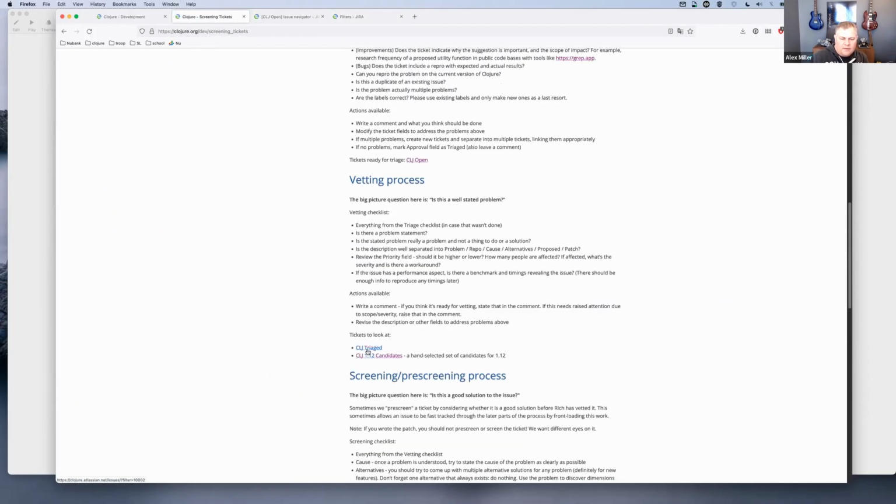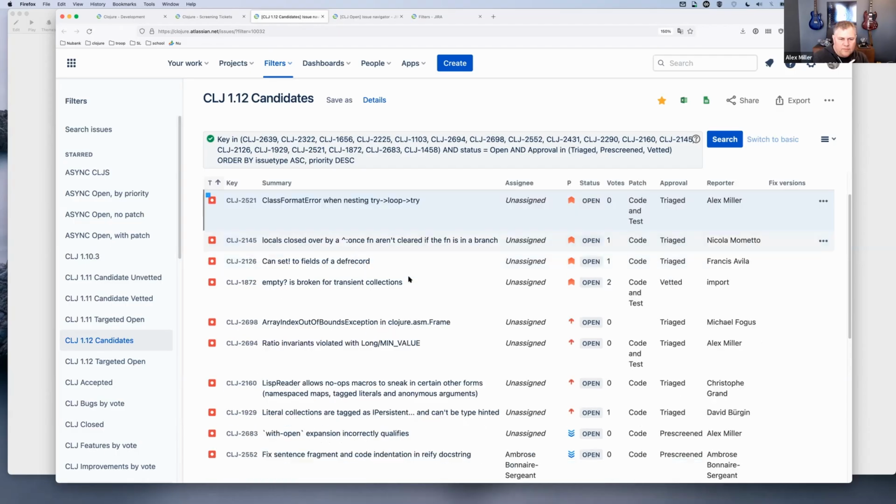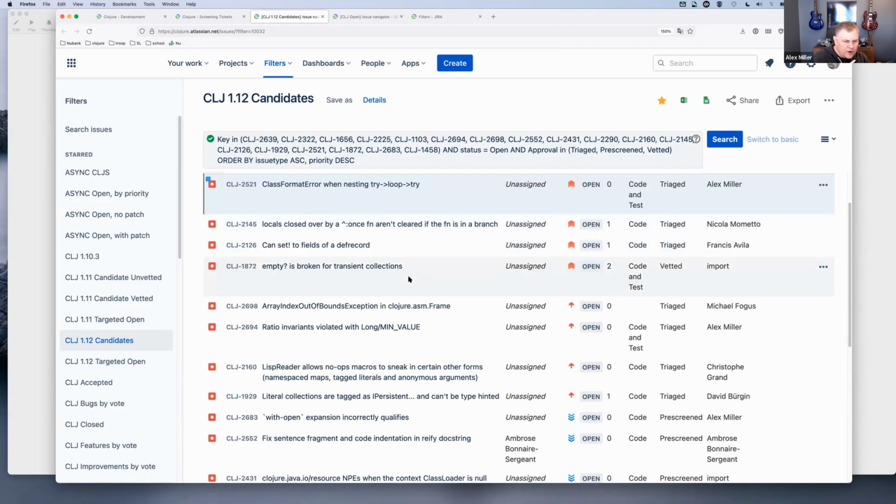For vetting, there are existing queues for triage, but in particular, I want to draw your eye to the CLJ 1.12 candidates. This is a set of tickets that Fogus and I went through and hand selected as important bugs to be looked at for 1.12. This is a particular queue that I would like to clean up so that Rich can look at them. Some of these are pretty gnarly.